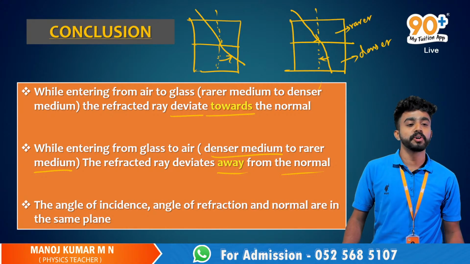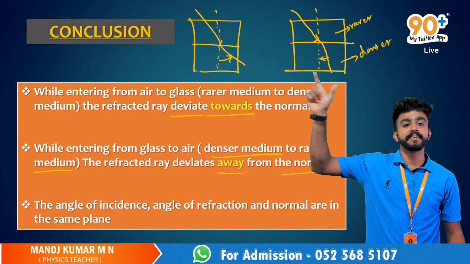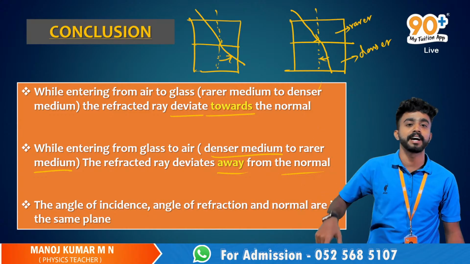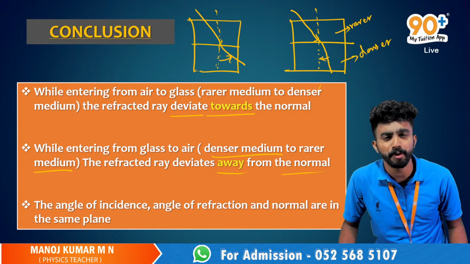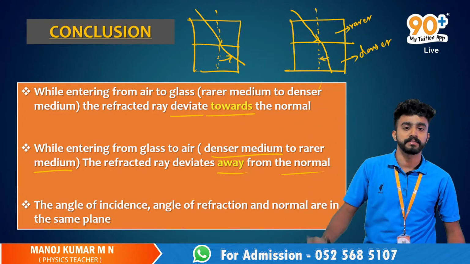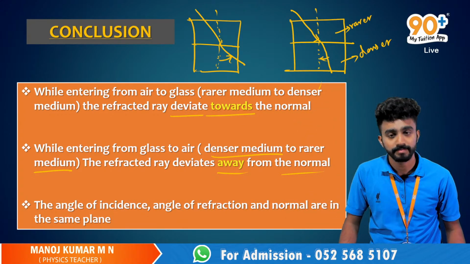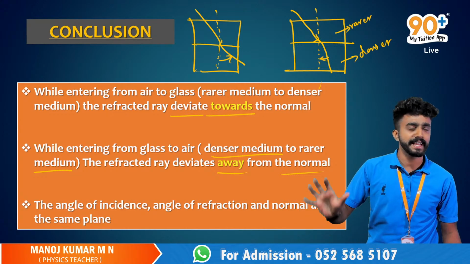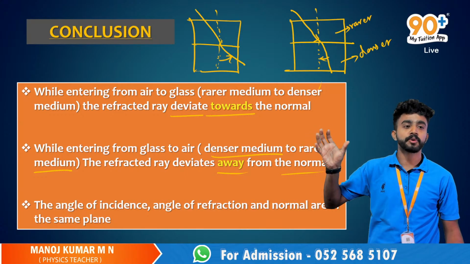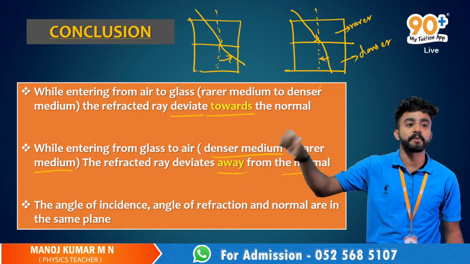Fine. So I told you, before I gave you time to write, I asked you guys, do you have any doubt, queries and all? So in which part do you have a doubt? Sir, the second one, from denser to rarer? Okay. So what did you understand from rarer to denser?